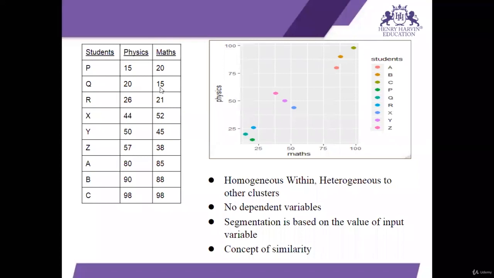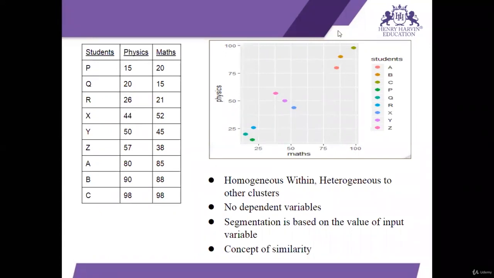So you can see an example here wherein there are students and their marks in physics and maths. So three different groups have been formed based on the marks of the students. In PQR, as you can see, there is a range of marks wherein there is similarity within the group. Similar to XYZ, there is also a similarity in the marks, and in ABC you can see there is a similarity.